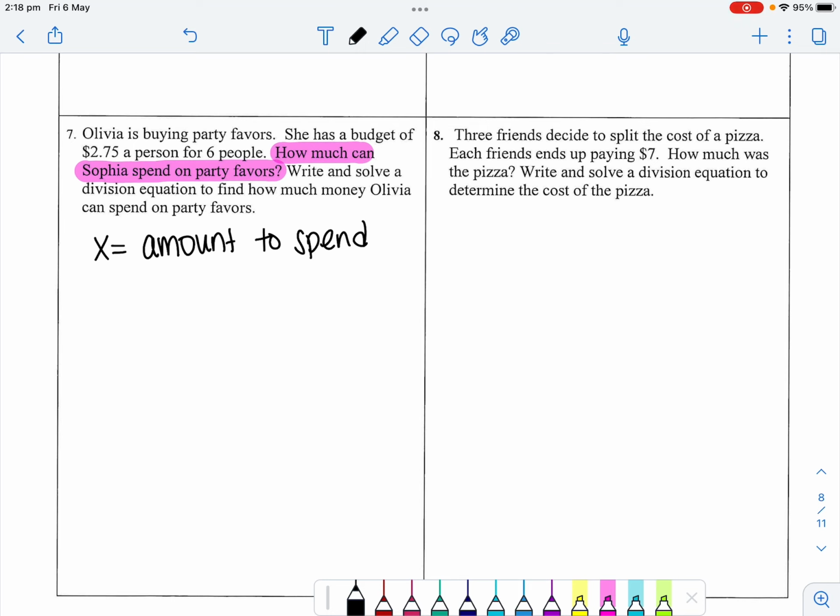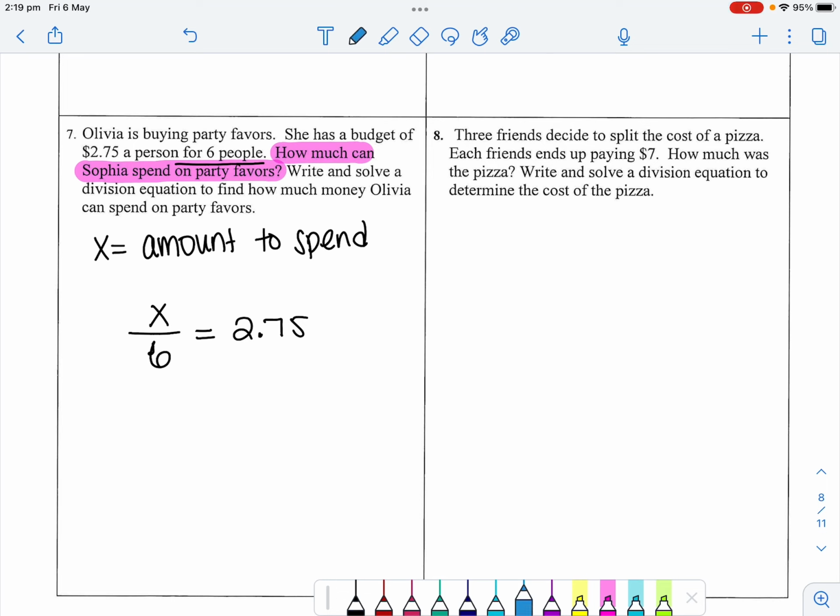And in this one, I'm taking the total amount that I'm spending, and I want to do it for 6 people. So I'm going to share this with 6 people, and that is going to be $275 per person. So the total amount divided by the number of people I'm splitting it amongst is equal to how much that costs per person. So she has a budget of $275 a person, and then there's 6 people.